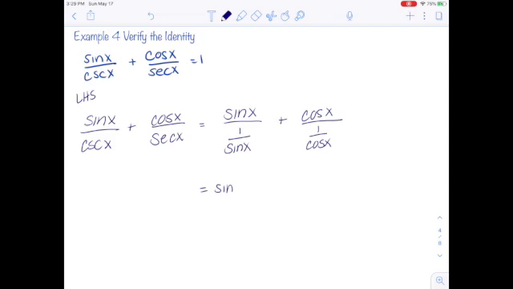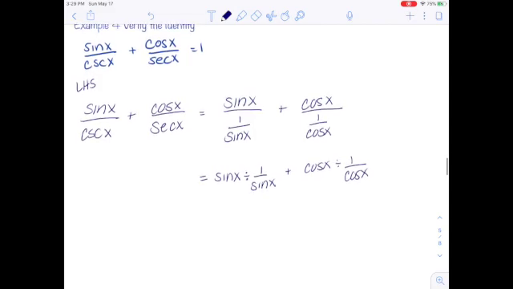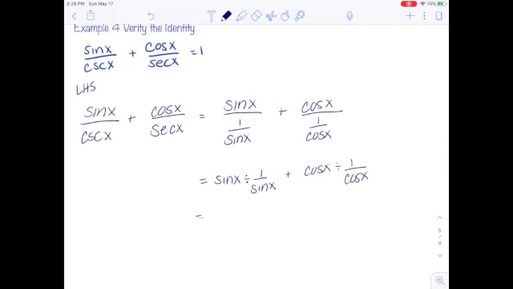Now simplify that. We know that sine of x divided by 1 over sine of x, right? Most of you don't really need to show this step for me. I'm cool if you just jump, but since it's all online, I don't want you to get lost in a step.